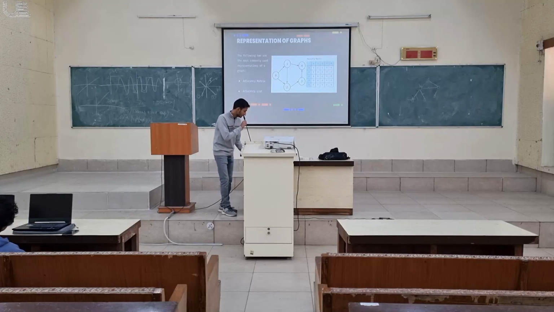See, the 0 is pointing to 1. That means the row for 0 and the column for 1 will have 1. But the column for 0 and row for 1 has a 0 because 1 is not pointing to 0. If it had been bidirectional edges, then we would have 1 there also. So this is the very basic way to represent the edges.